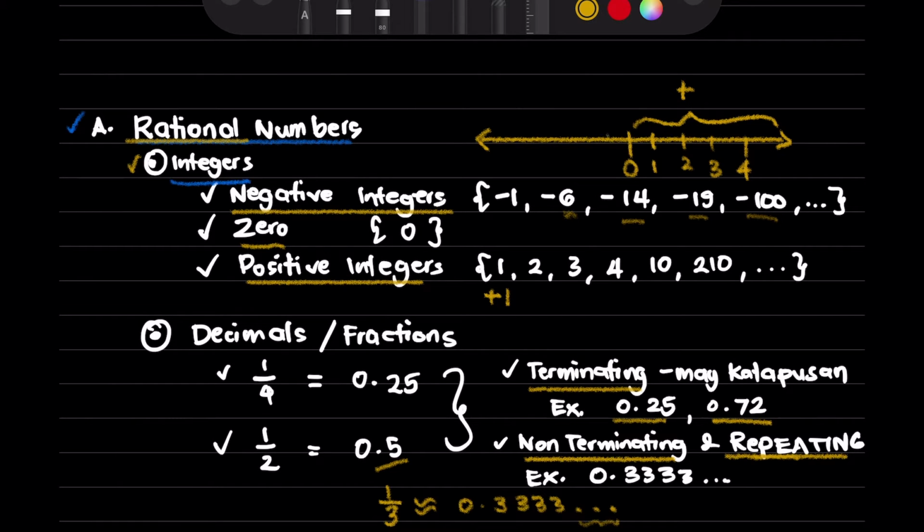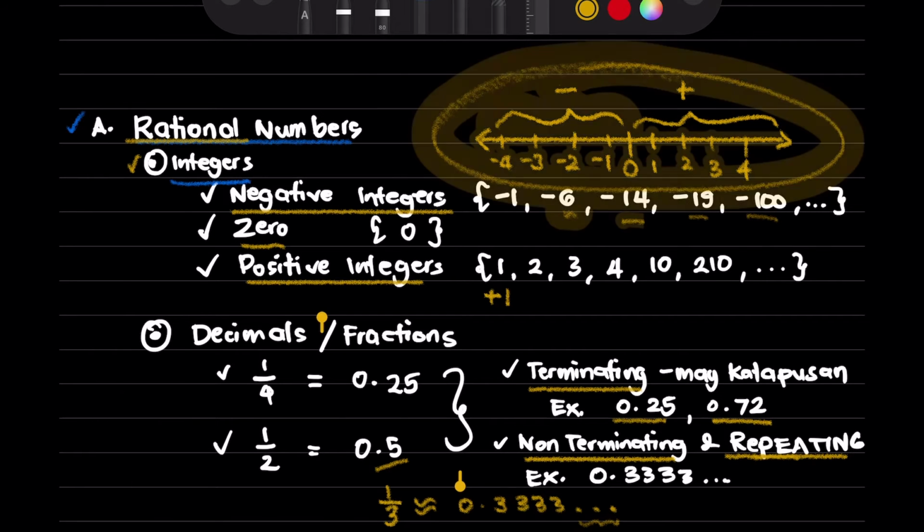At lahat ng nandito sa left side, mga negative: negative 1, negative 2, negative 3, negative 4. Pag ganito, tandaan nyo lang to, this is integer.